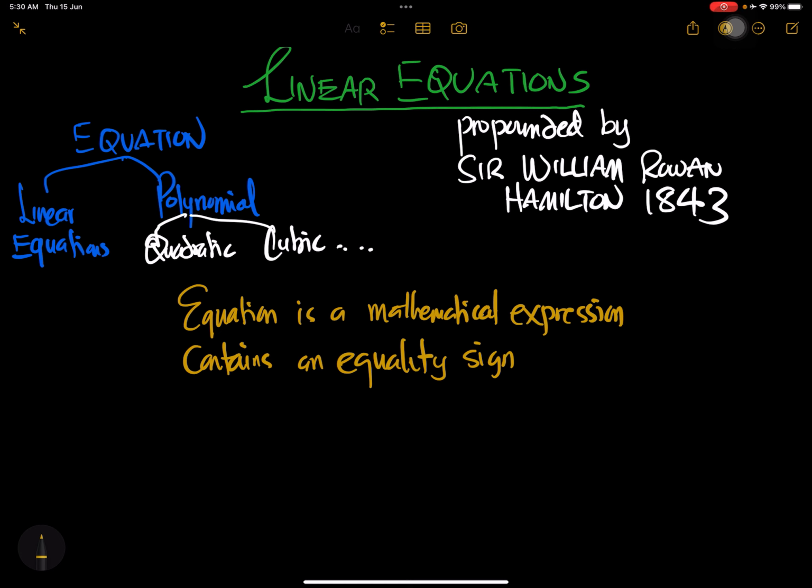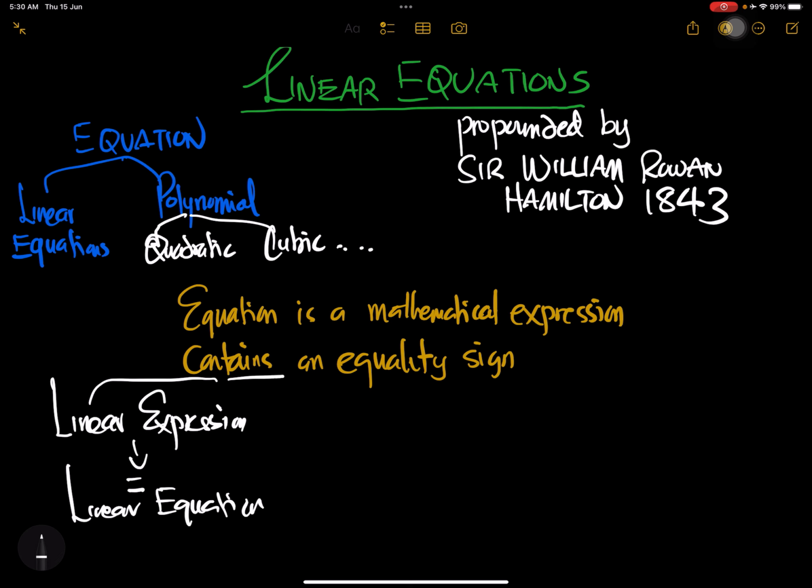For example, we can have a linear expression, and the moment you have an equal to sign in it, it becomes a linear equation.